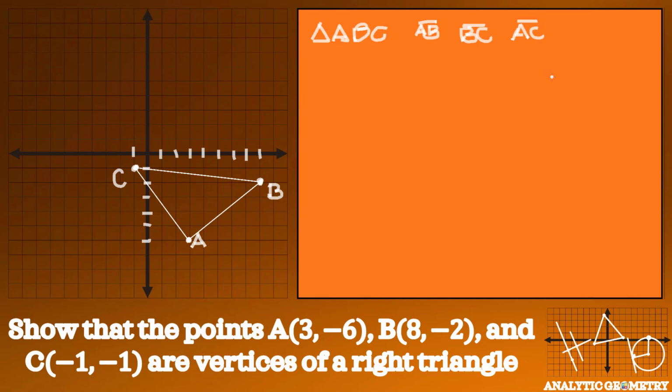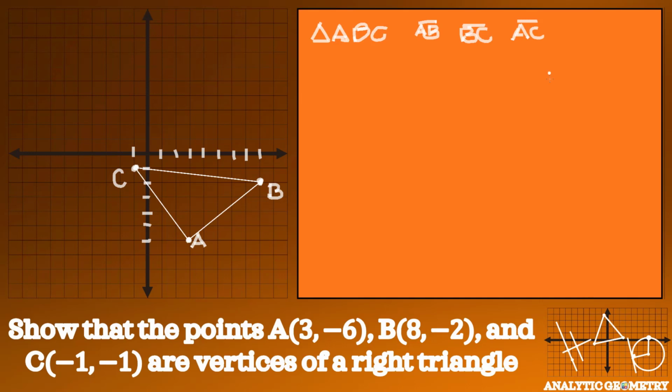In connection to our Pythagorean theorem, we are going to establish that this is a right triangle if we could come up with a relationship that the measurement of the longest side, called the hypotenuse, squared is equal to the sum of the squares of the other 2 segments.